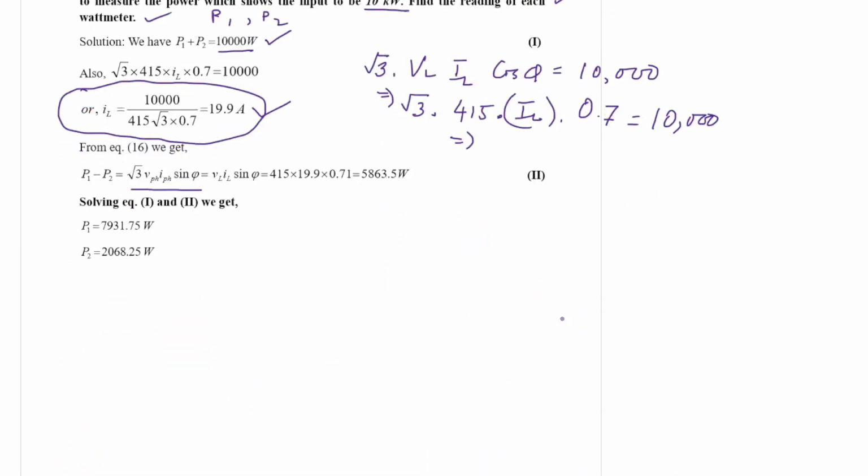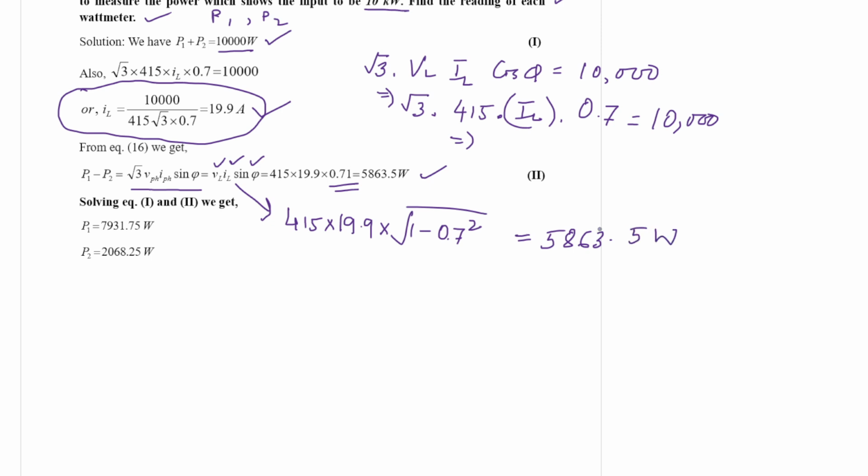So P1 minus P2 is equal to root 3 into VL into IL into sin phi. If you substitute VL equal to 415 volt, IL equal to 19.9, and sin phi equal to the square root of 1 minus 0.7 squared, you will get this result, 5863.5 watt.